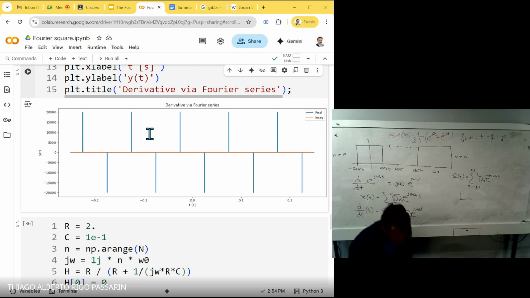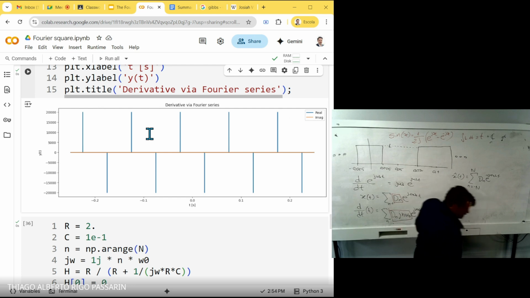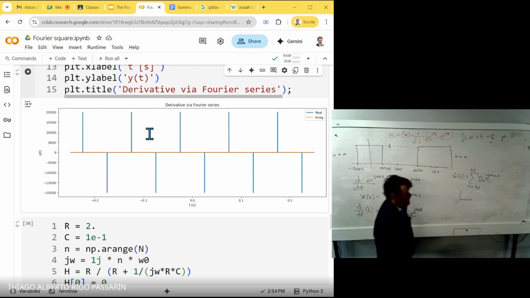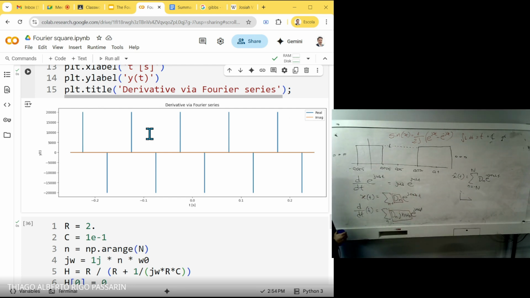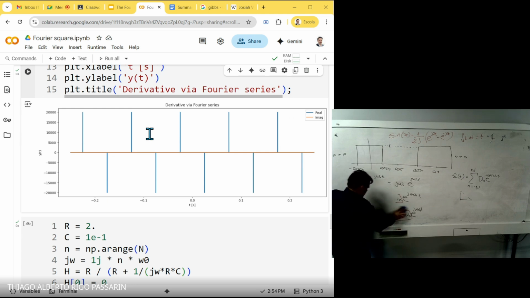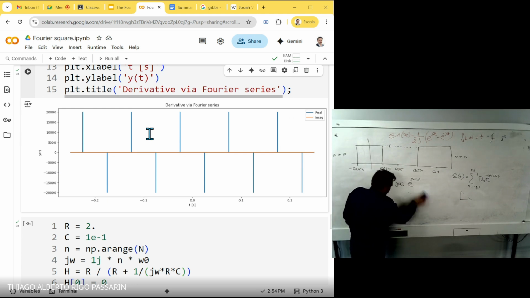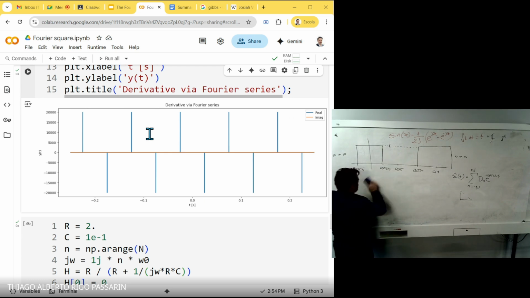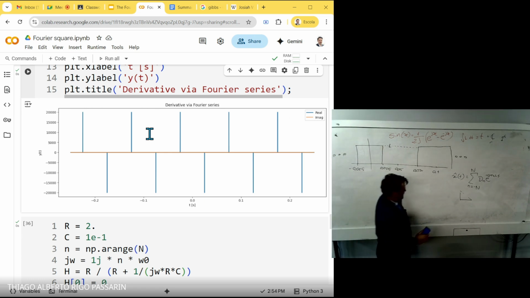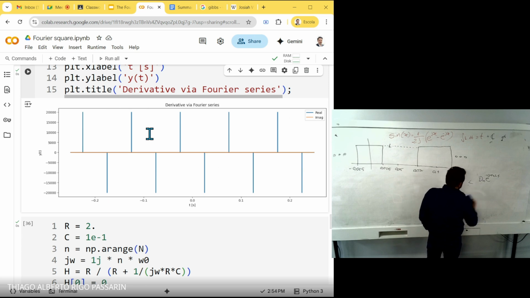Now the next topic is the time shift property, which is also very useful and very interesting for who studies visual displacement. That's where the phase correlation algorithms come from.